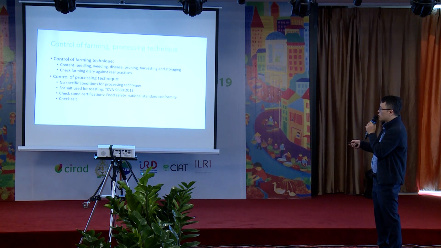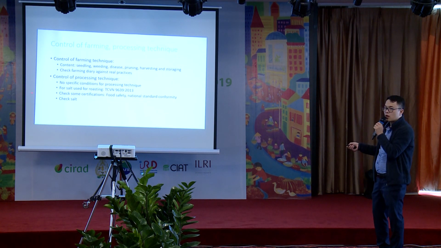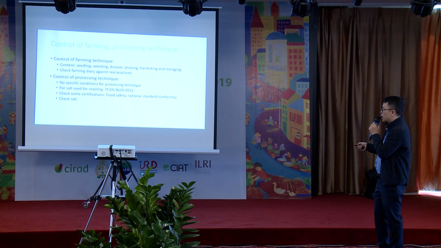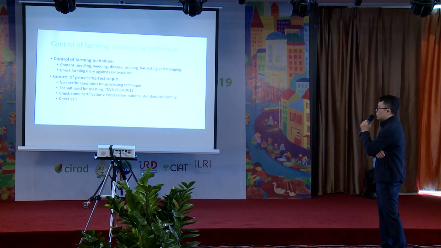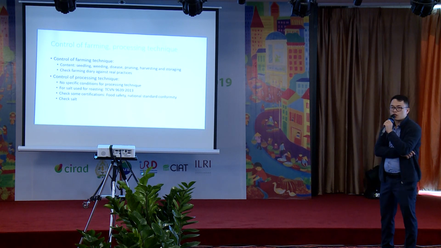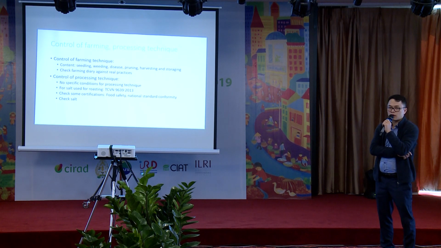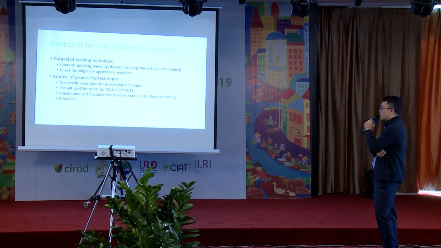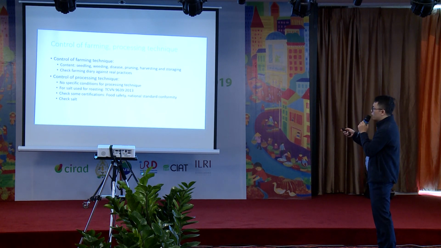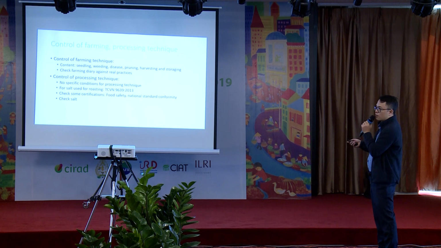The salt used for roasting has to follow TCVN 9639. And we also check some certification that the processing company has, like the food safety certificate or the national standard conformity. So this is for the control of farming and processing technique.